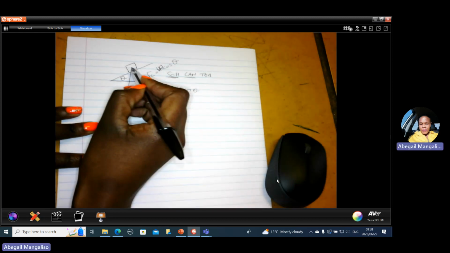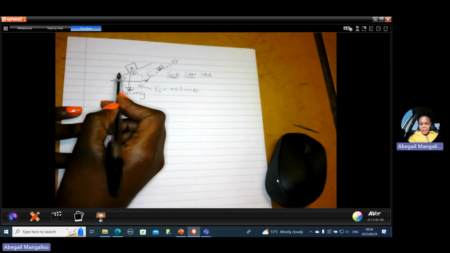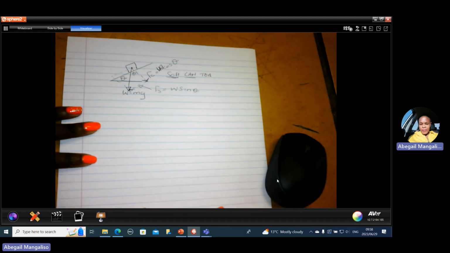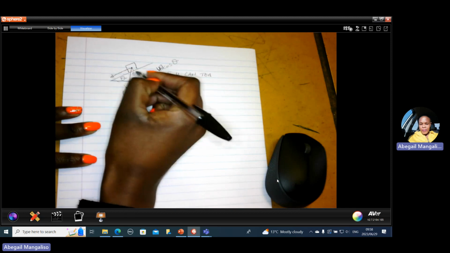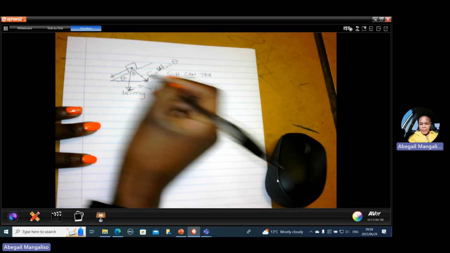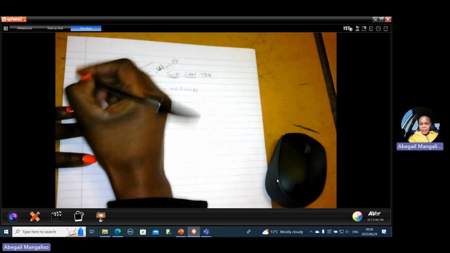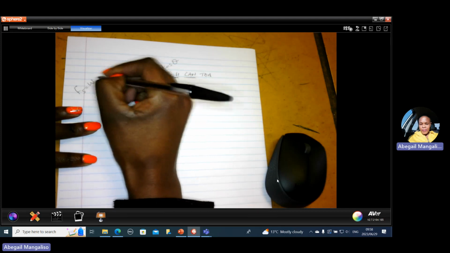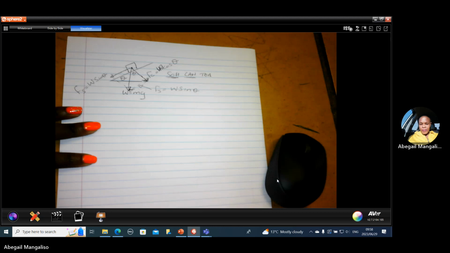Now, when you close a parallelogram, this component is equal to this one, and this one is equal to this. So we are going to focus on the two components that are attached to the object. We transfer this Fs to this side. The Fs will be equal to W sine theta, two components.